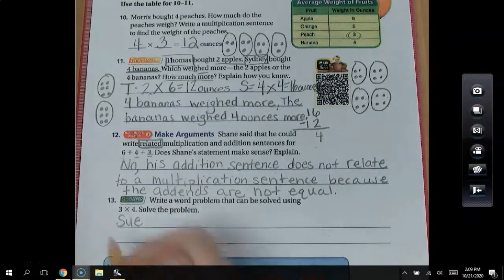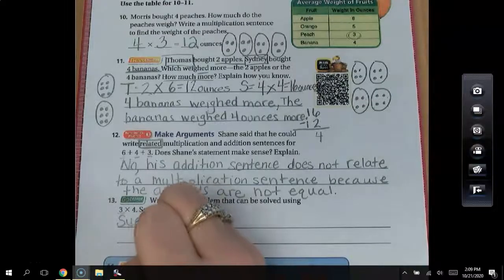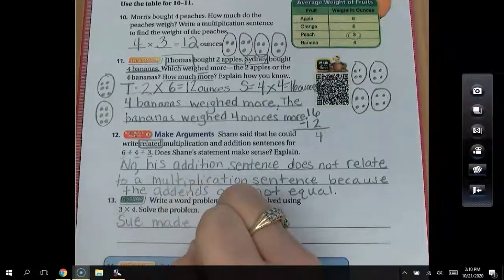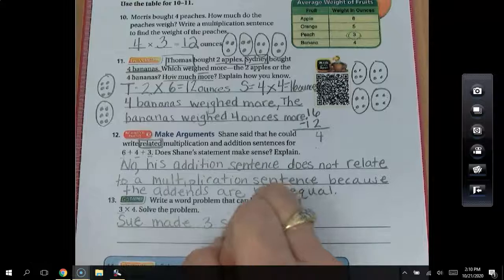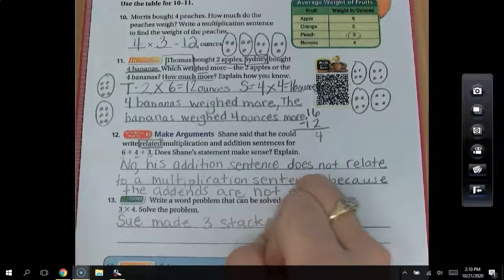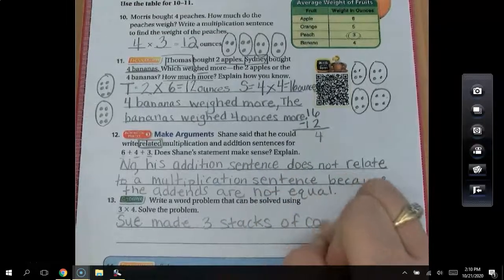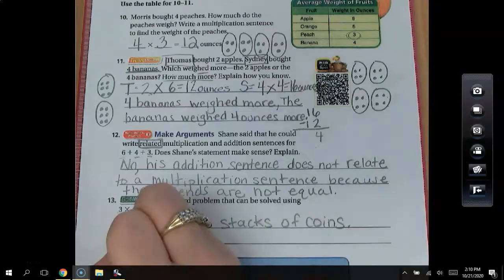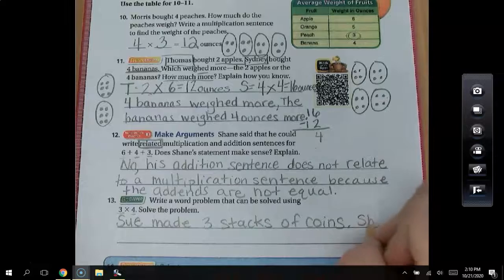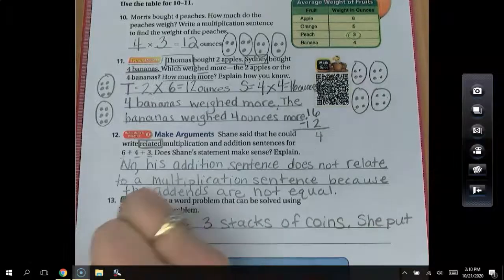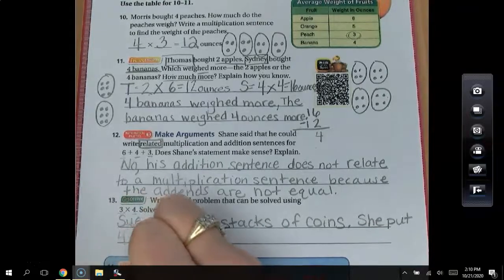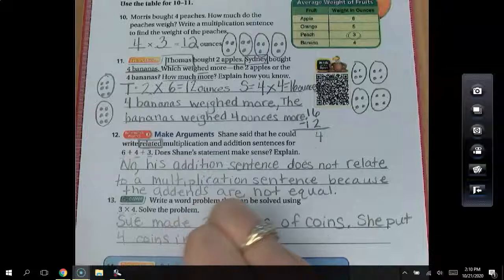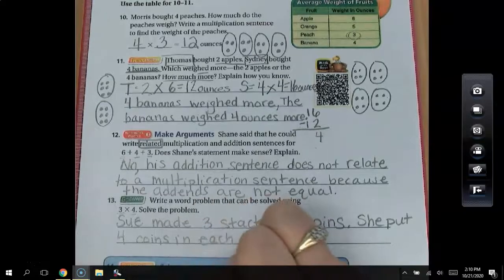Sue. Let's say that she made, we know our first factor is groups. Let's say Sue made 3 stacks of coins. And let's say she put 4 coins, that's where I get my 4, she put 4 coins in each stack.